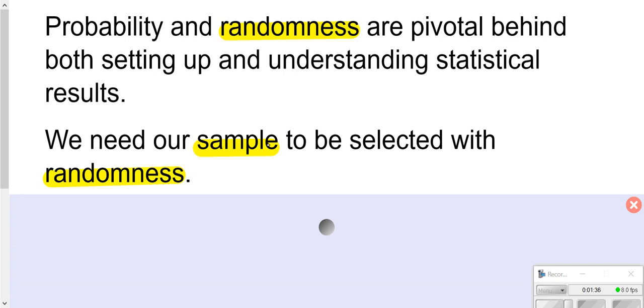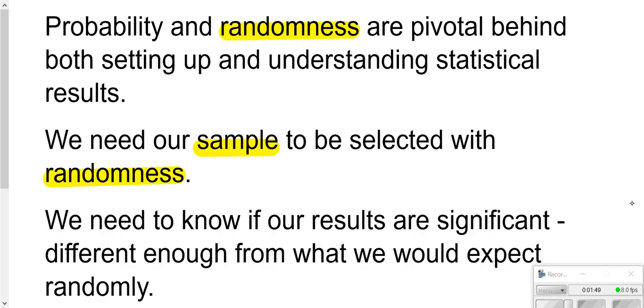And then once we have our sample, we're going to get some data, and we're going to have to decide if that data is important or not, if it's something that we would expect or not. What we need to determine then is if our results are what we call statistically significant.